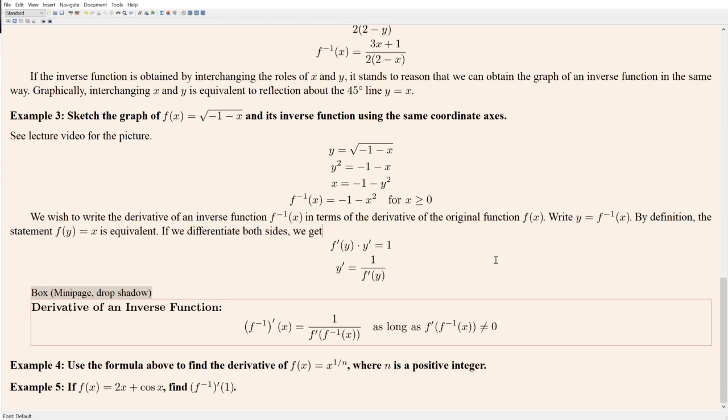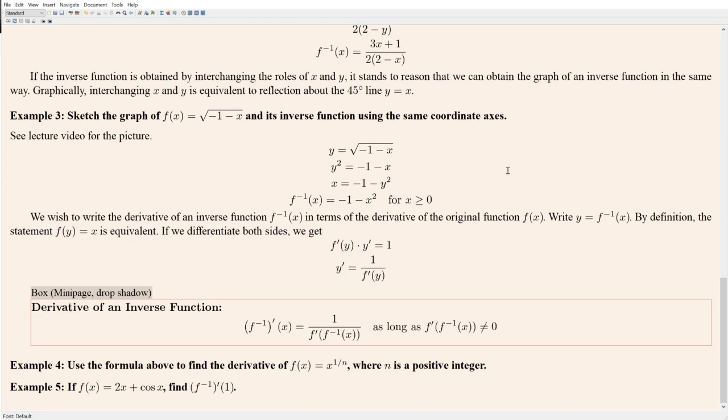So it would be very helpful if we can write the derivative of an inverse function in terms of the derivative of the original function, because that way we could bring to bear all of the knowledge about derivatives that we already have in constructing derivatives of inverses, right? I mean, that means we don't have to go back to the limit definition every single time. We can use the information that we already have.